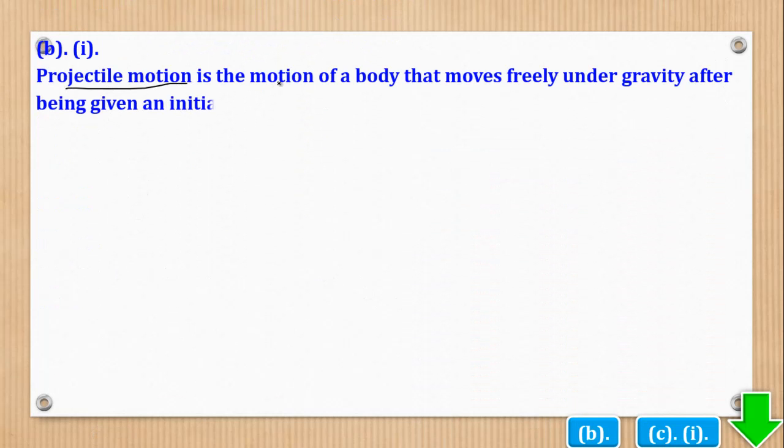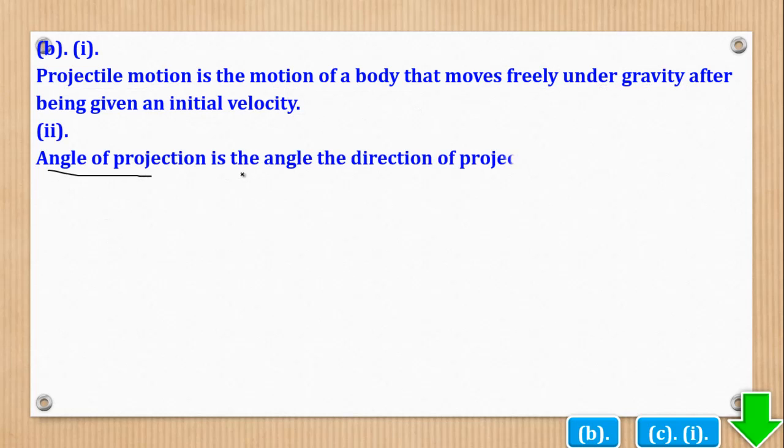So projectile motion is the motion of a body that moves freely under gravity after being given an initial velocity. Angle of projection is the angle the direction of projection makes with the horizontal.